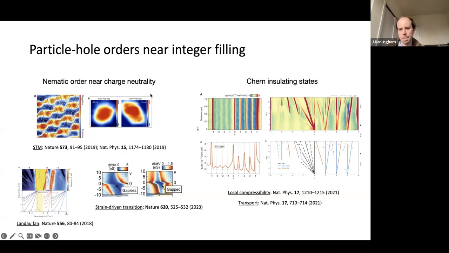Additionally, there are by now many experiments that see insulating states at the integer fillings in zero and small magnetic fields that have non-zero Chern number, and these are seen in transport, but more robustly in local compressibility measurements.